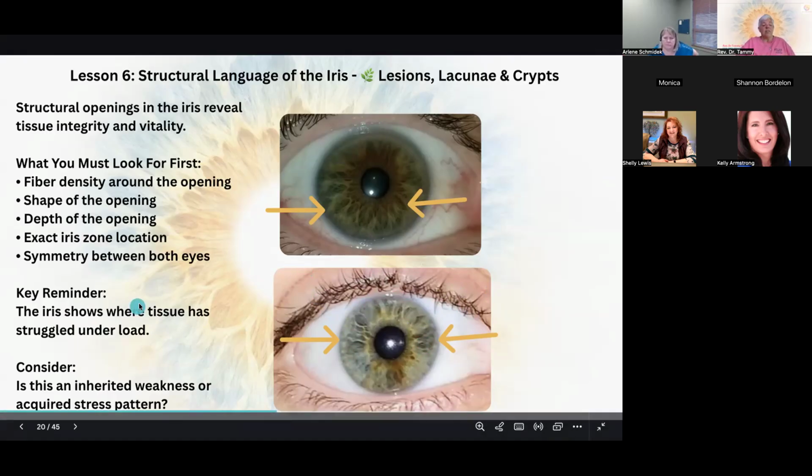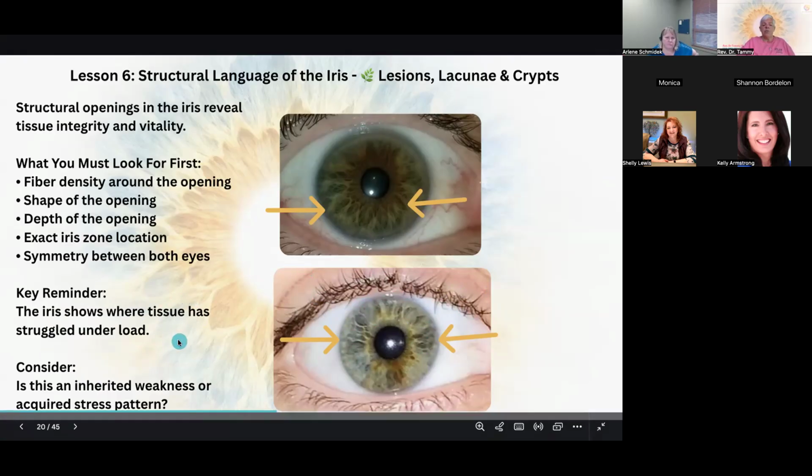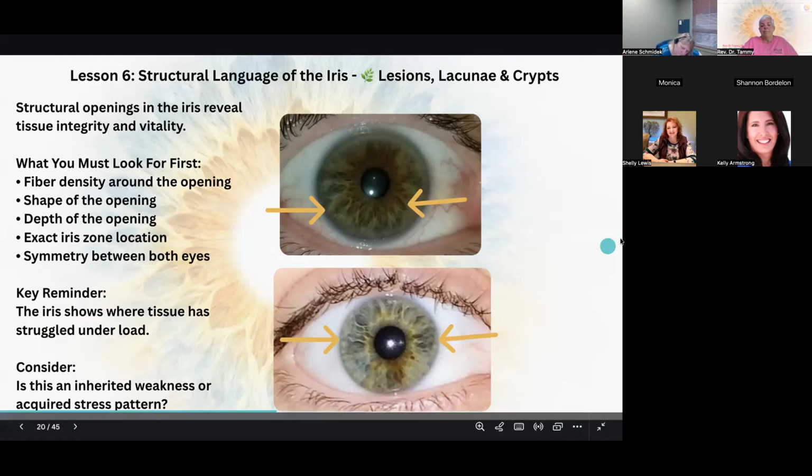It'll change for the better, and it may not change totally, but you're going to see some changes. The iris shows where the tissue has struggled under load. So consider, is this an inherited weakness or an acquired stress pattern? When you're talking with your clients, you're going to find out what their lifestyles have been like, their workload, what their life history has been, because that is going to indicate how the eyes have adjusted through time.